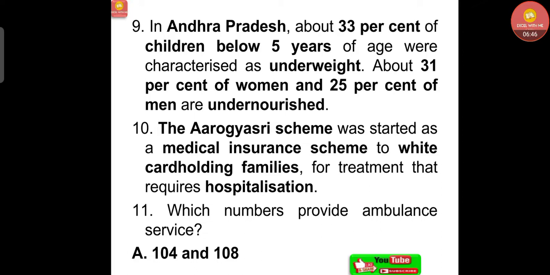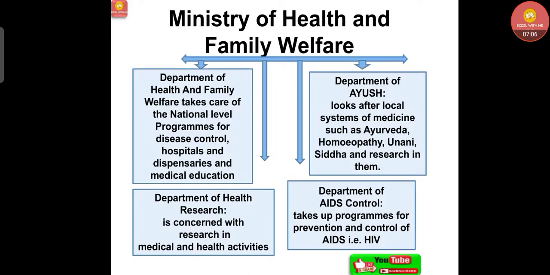Now, the next question, the Arogyasri scheme was started as a medical insurance scheme for white card holding families for treatment that requires hospitalization. Now, which numbers provide ambulance service? They are 104 and 108.